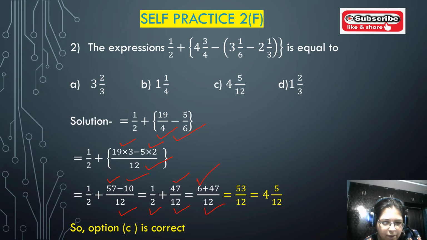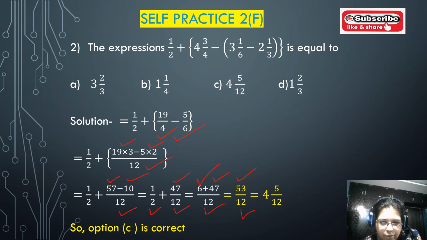And now divide the LCM 12 with the denominator of second fraction, that is 12. 12 divided by 12 is 1. And 1 multiplied with the numerator 47 is 47. Now we get 6 plus 47 divided by 12. And 6 plus 47 is 53, 53 divided by 12.